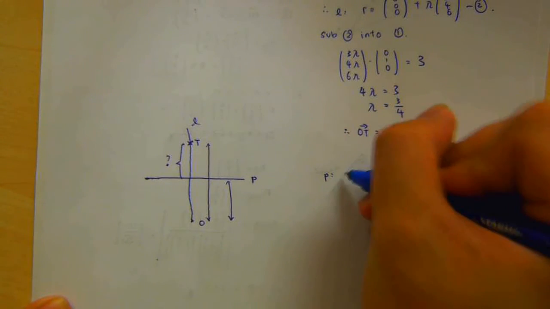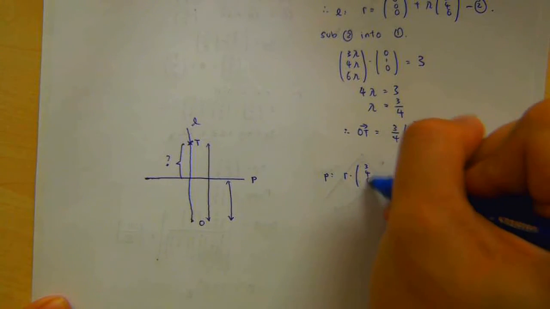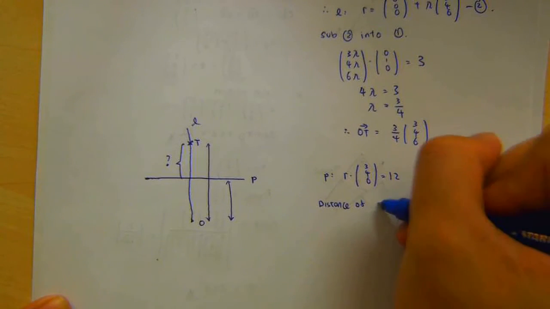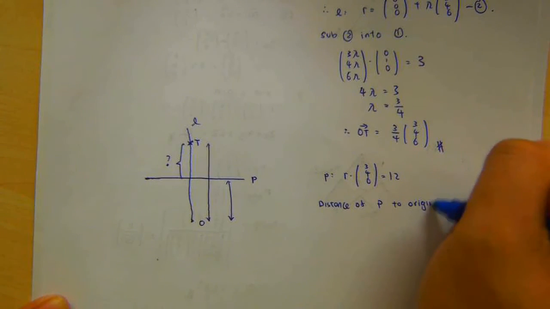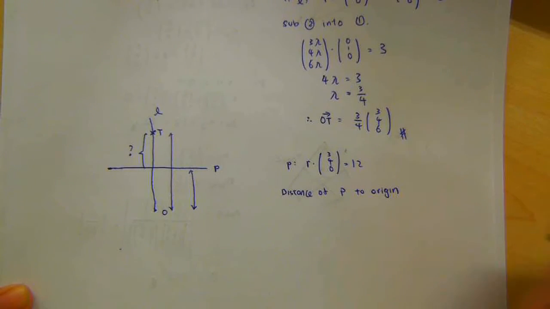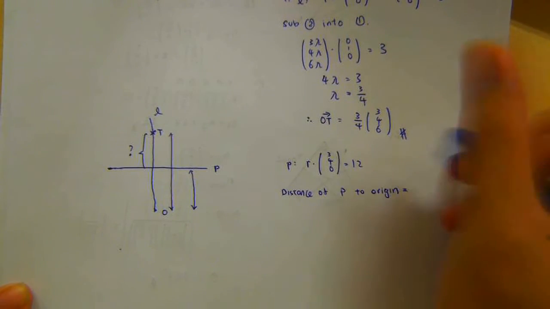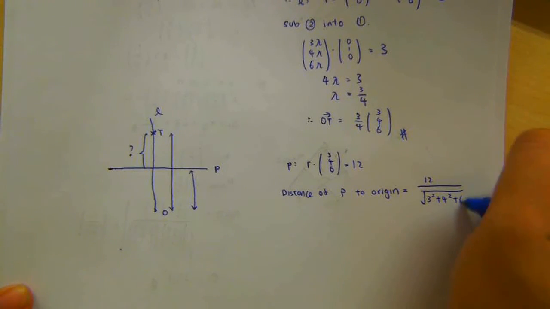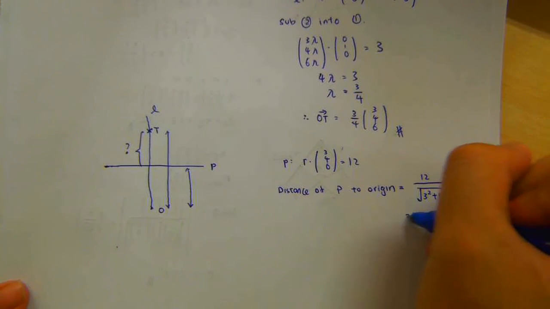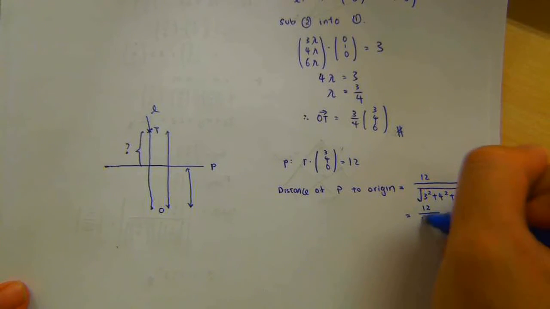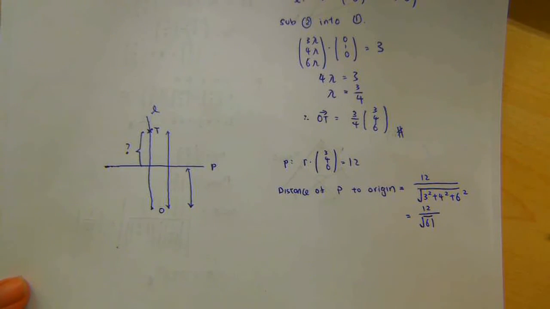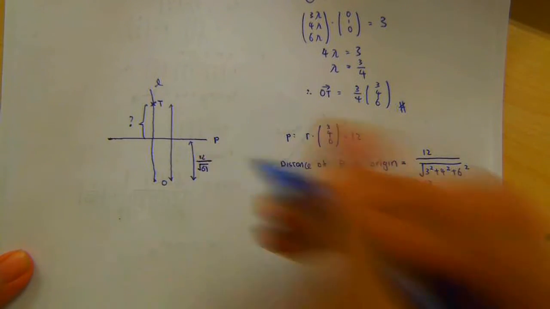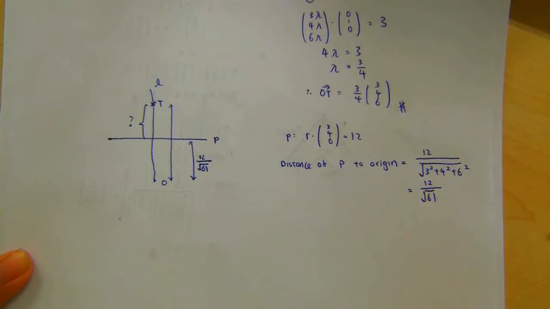To get the distance from plane P to origin, we can deduce it from the scalar product form. From the textbook we learned, it's basically 12 divided by the modulus of 3, 4, 6. And next, for the distance from T to origin, we basically take the modulus of OT.